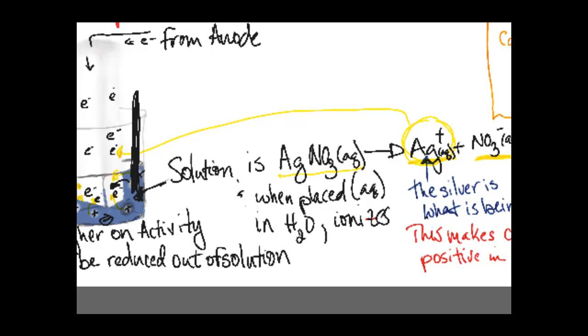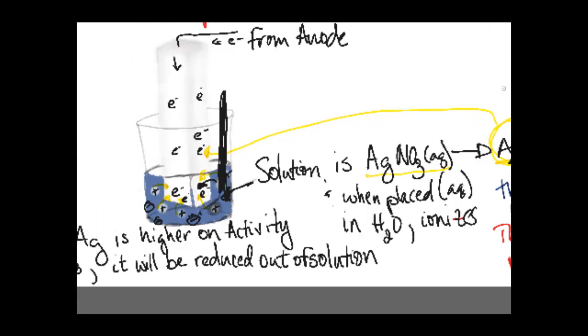So if too many of them accumulate, then it'll be negatively charged. So what you do is you need to pull out some positively charged species out of your salt bridge and put them with the negatively charged species in your solution, thereby neutralizing that solution. Okay?